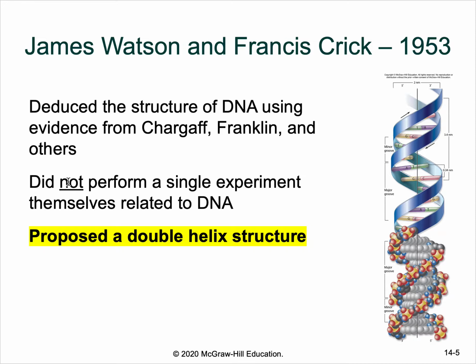And then also it says to note that they did not perform a single experiment related to DNA. All they did was they took the work of those other people and put it together. But these are the two people that kind of get all the credit for discovering that DNA is a double helix.